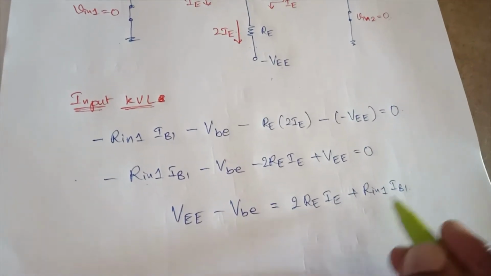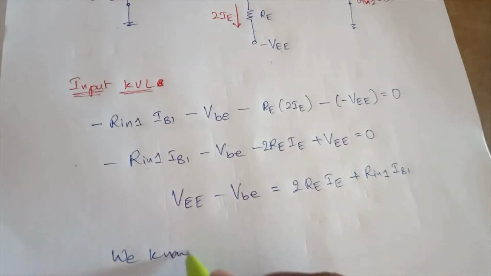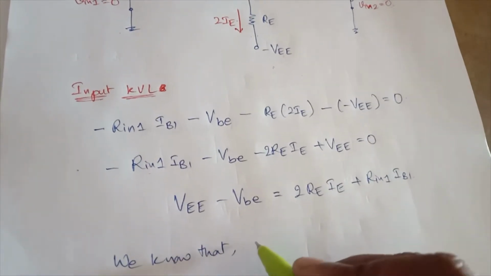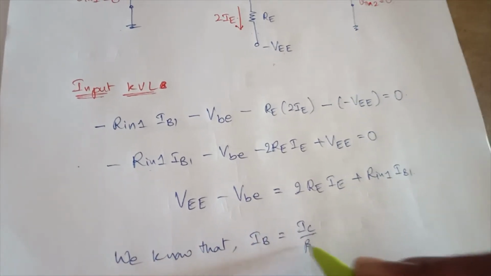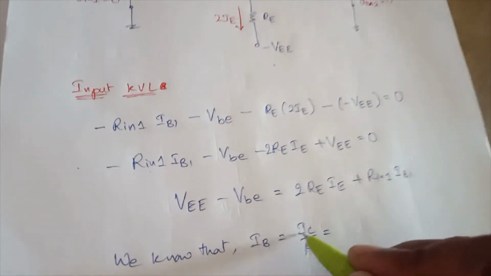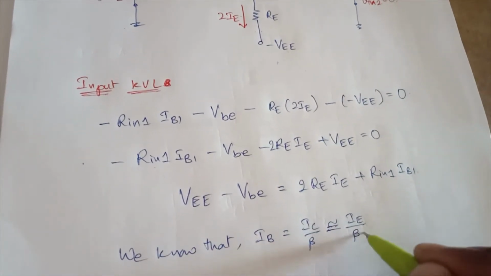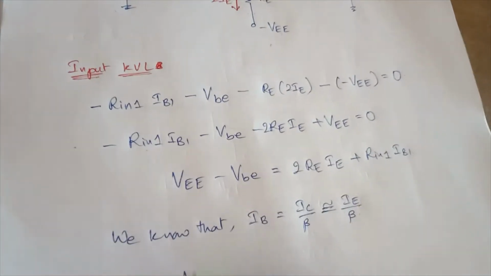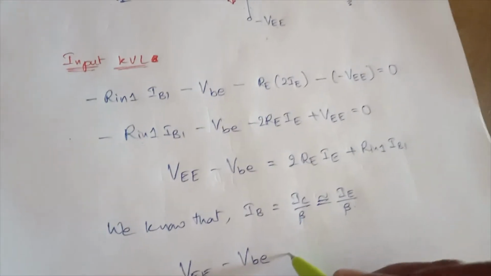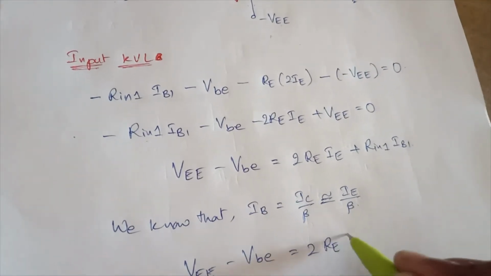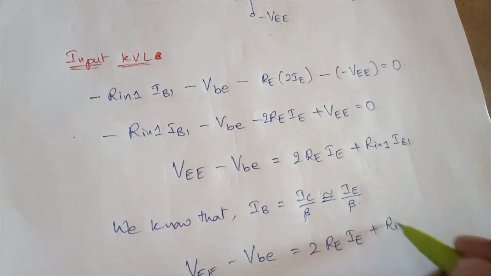is very small, so IB we can write as, we know that in CE configuration IB is nothing but IC by beta. IC is approximately equal to IE, so this is approximately equal to IE by beta. So the above equation we can write as VEE minus VBE is equal to 2RE IE plus Rin1.